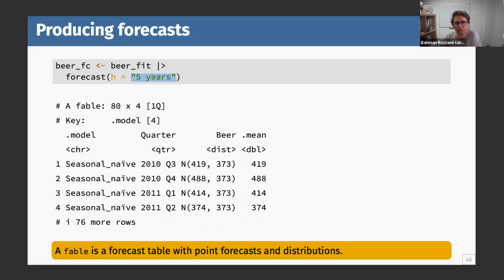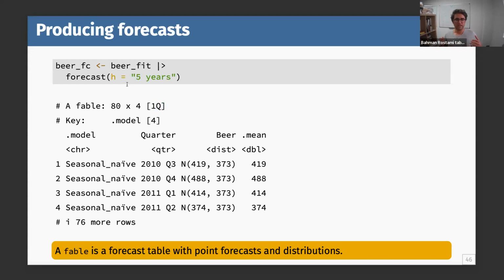If you provide a number, it corresponds to this interval. So if you say 5 years, it means you are actually forecasting 20 periods because it's quarterly. You can provide h equal 5 years, or h equal 20. That means it is going to be 20 quarters ahead.